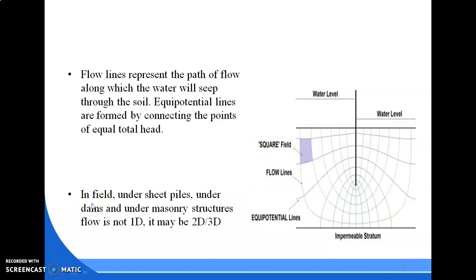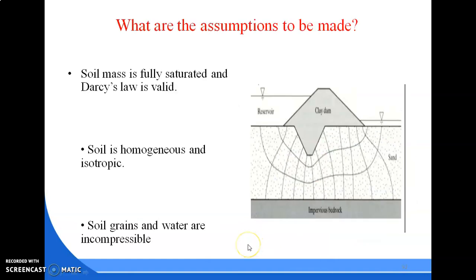And in the field, under sheet piles, under dams and under masonry structures, flow is not 1D. It may be 2D or 3D. So this figure also shows that this is a square field, this is the flow line, this is the equipotential line. And here the question: what are the assumptions to be made to draw the flow net?